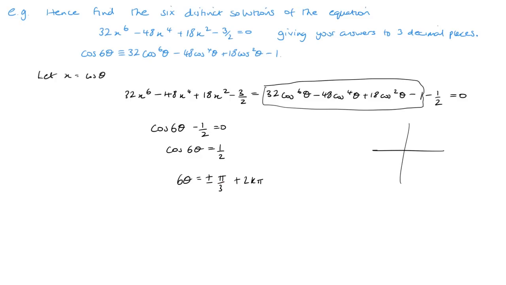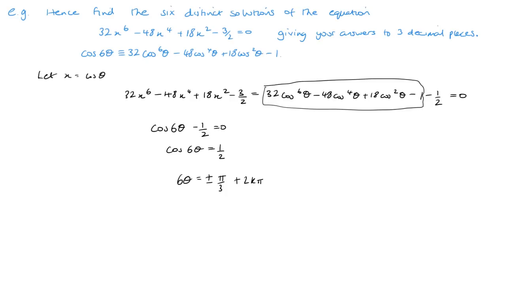And if you think of the CAST rule, you've got pi by 3 here, and then this angle is minus pi by 3. And then basically every 2 pi you get multiples of this angle, and every 2 pi you get multiples of this angle. So plus or minus pi by 3 plus 2k pi, where k is integers. So that gives me the general solution.